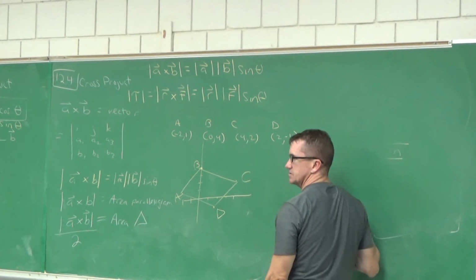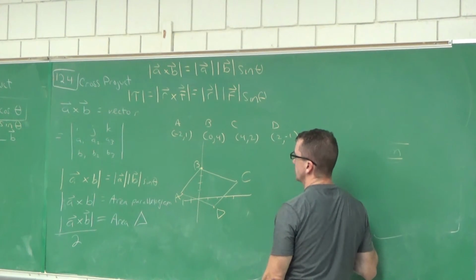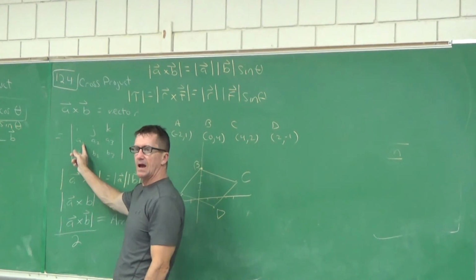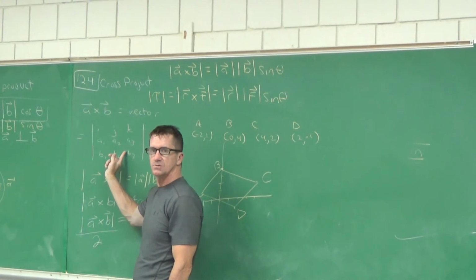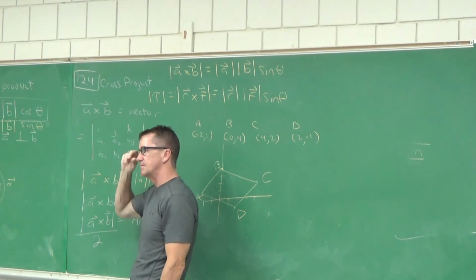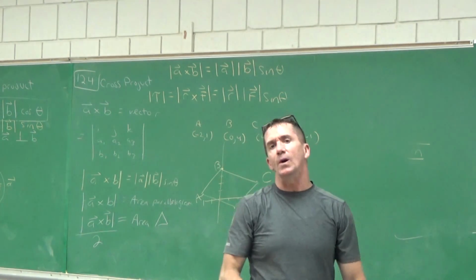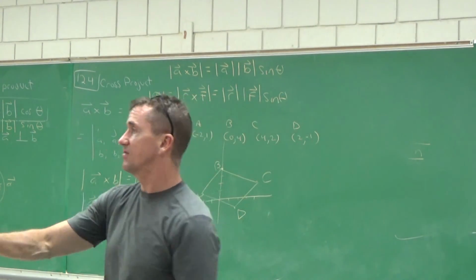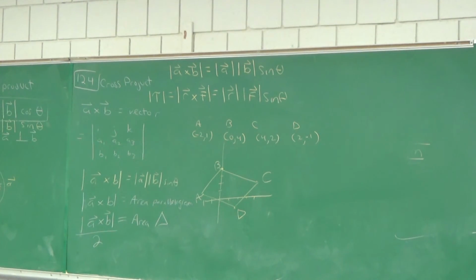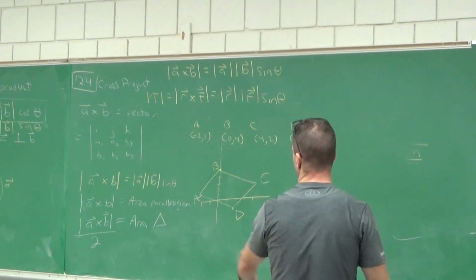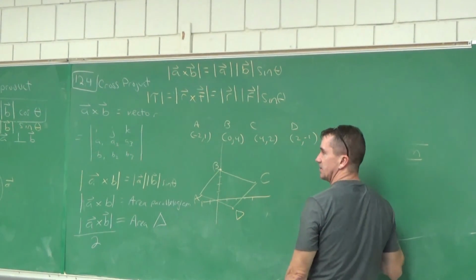What vectors are we going to use? AB and AD. Now, I thought when we do cross products, these vectors have to have 3 dimensions, right? So any suggestions how we can still work the problem? IJ. Definitely use K, but what number can you use for K? 0. There you go. Think of this as just sitting in the XY plane. Put these vectors right in the XY plane and let that K component be 0.